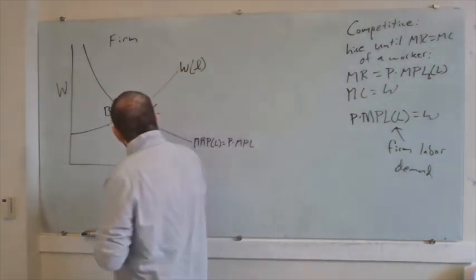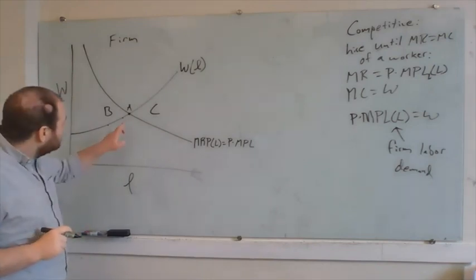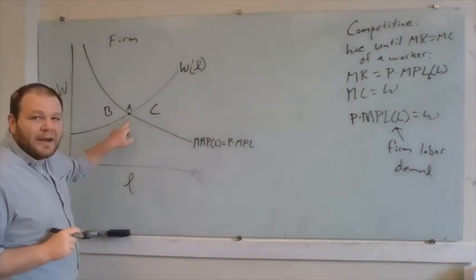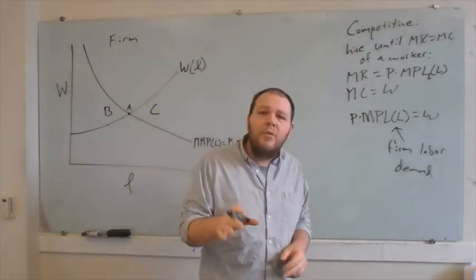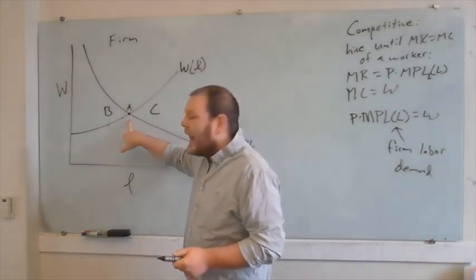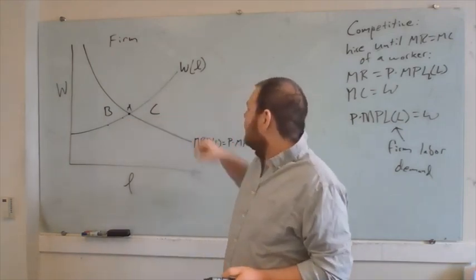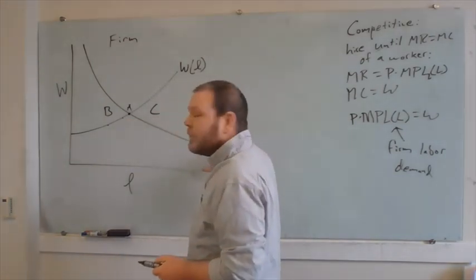Many people think the most natural thing is that of course I want to hire at A, for exactly the same reason that I wanted to hire at A in a competitive labor market. The last worker that I hired at A costs me a wage equal to what that worker produced.